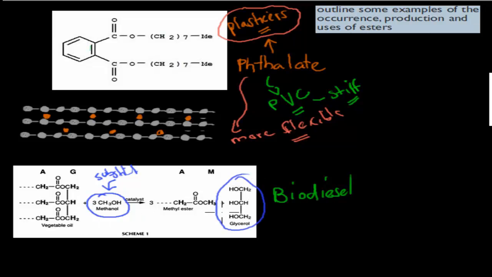It has been removed from the triglyceride, and instead we have methanol attached in the place of the glycerol. Now we call it the methyl ester, and this is a really useful substance for use in a biofuel. It gives off energy.